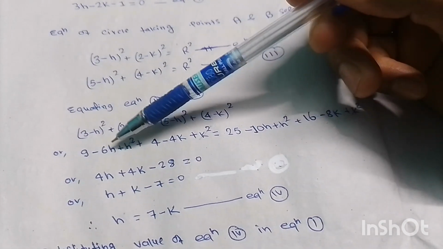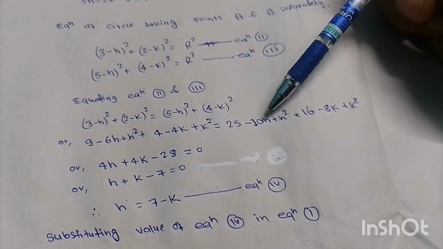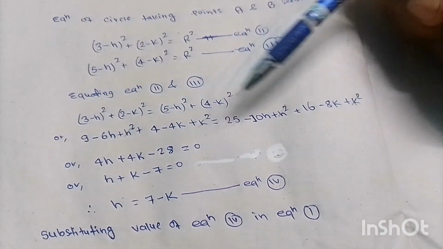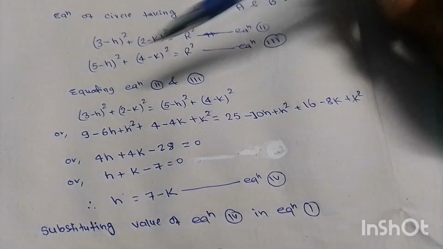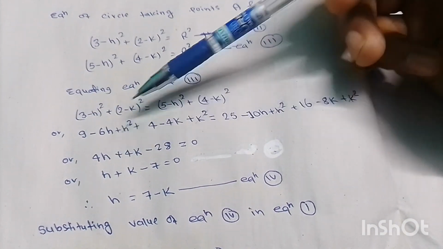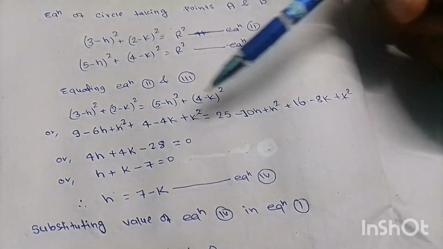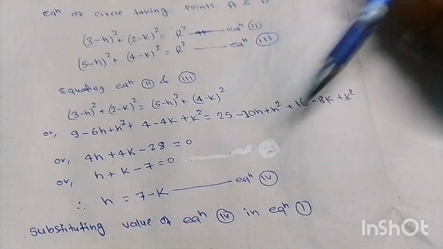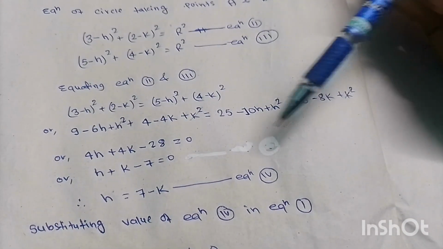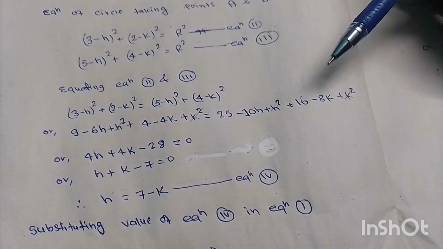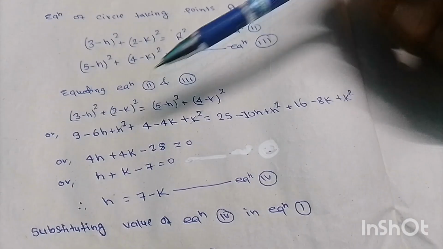And here is a 6h and here is a 10h, and if we transpose this 10h to this side, it becomes minus 6h plus 10h, which can be directly written as 4h. In a similar way, we can write 4k here by subtracting 4k from 8k by transposing to this side. And there are the constants 9, 25, 16 and 4.